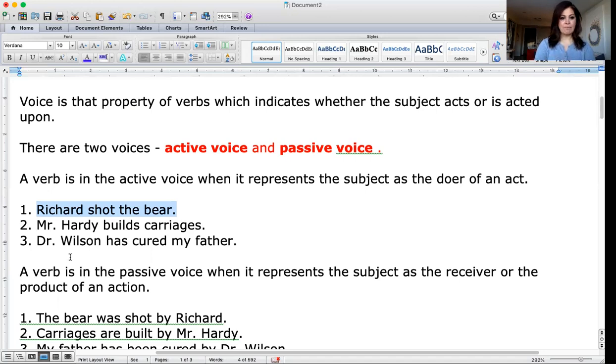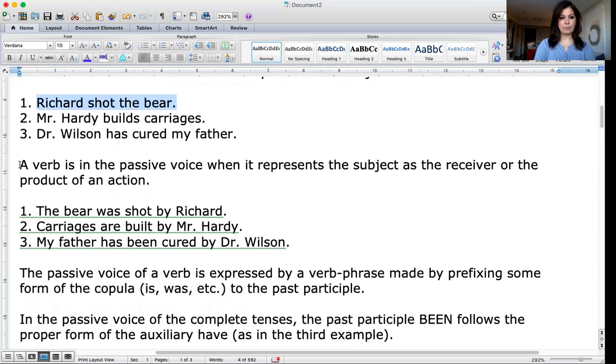If I give you another verb, for example, the passive verb, it represents the subject as a receiver of the action. For example, I would say the bear was shot by Richard. These last two words are considered agents, the subject that appears at the end of the sentence when you have the active voice, if you want.